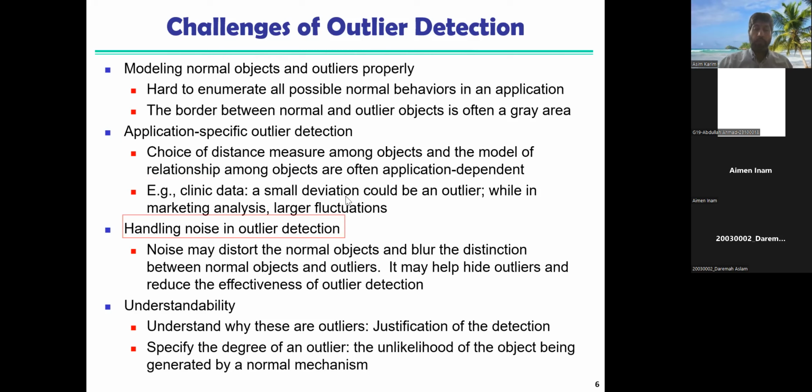And then, of course, there is the issue of noise. As we mentioned earlier, noise is often very hard to distinguish from outliers because outliers look like noise. If you have a model of noise, then you can remove it before doing outlier analysis. Another challenge is understandability. You may run an algorithm for outlier detection and it produces some outliers.